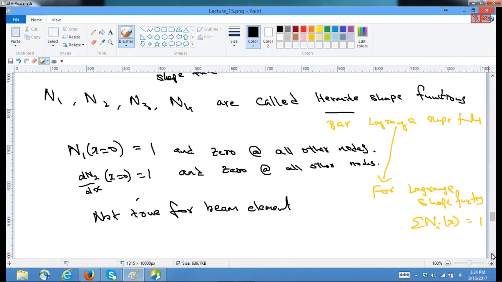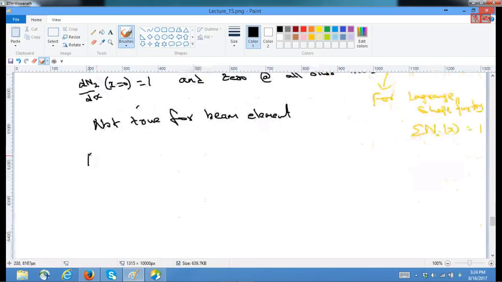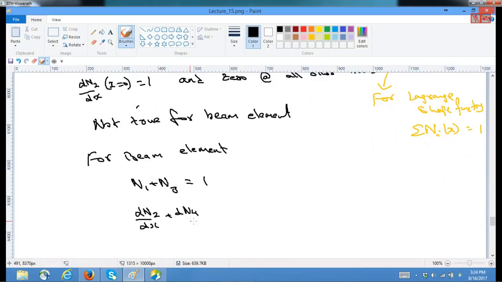For the beam element, you can see that n1 plus n3 is equal to 1 and dn2 by dx plus dn4 by dx is equal to 1.